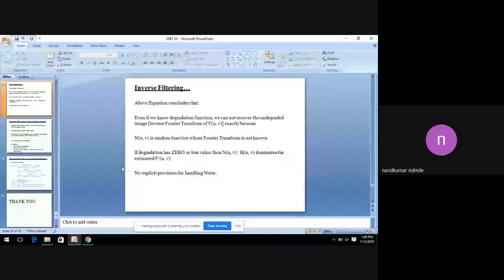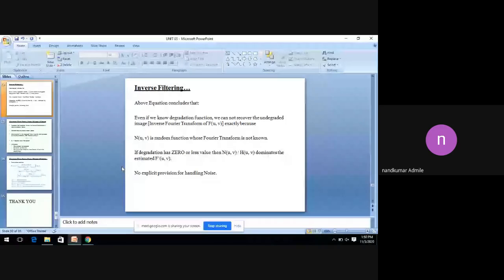If we consider this equation, we know the degradation function is represented with H, but we are not able to recover 100% of the noise from an image. Whatever the noise is, it is represented with N of uv. In order to make it zero, we divide the noise N of uv by the degradation function H of uv.